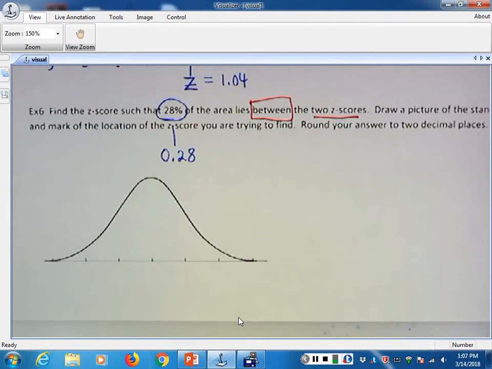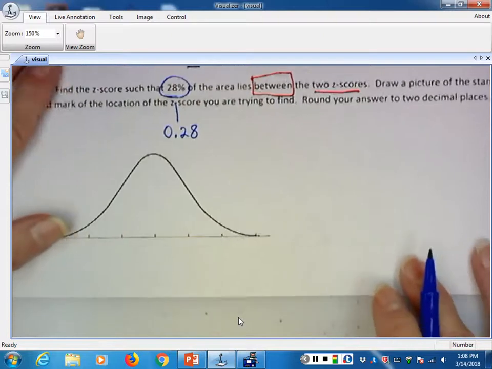Okay, between. Remember when we were doing the example, I told you to go back and look at that and make sure you understood why you could do just one step, that area has to be centered. That 28% has to be in the middle. Okay?